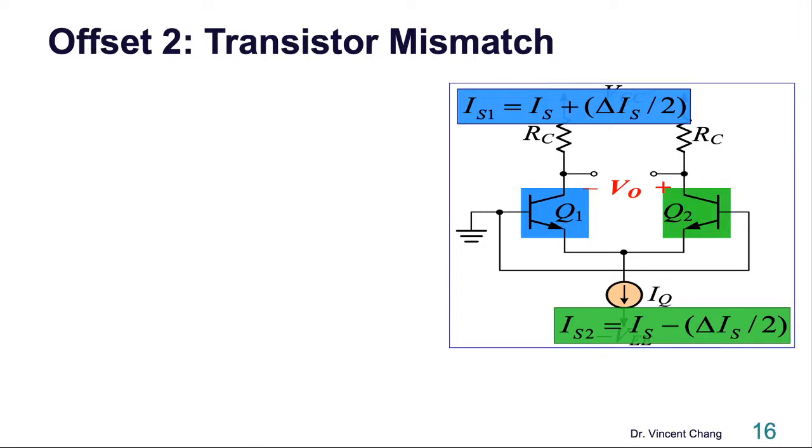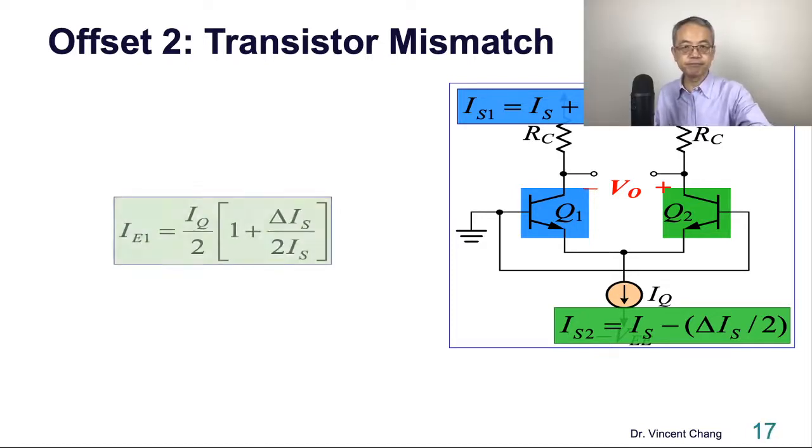The total difference is delta IS, split in half: positive sign on the left, negative sign on the right. Since IS is proportional to the current, which side has the larger current? By instinct, the left-hand side, by the fractional change. Then the right-hand side will be lower.